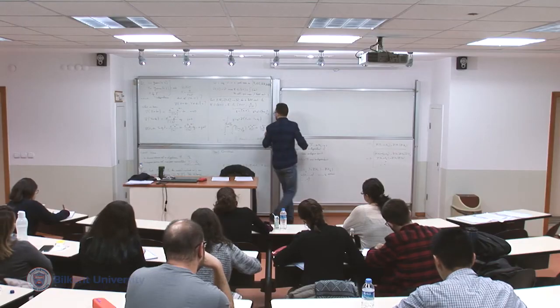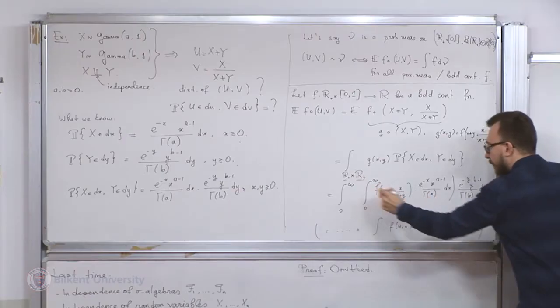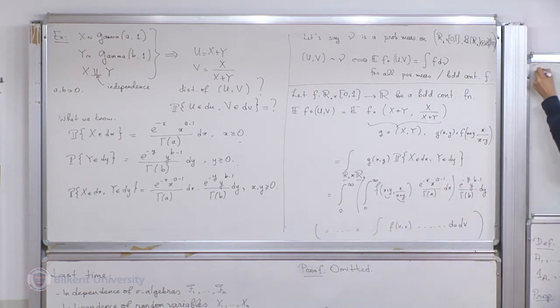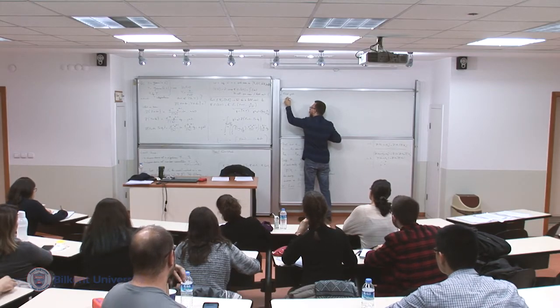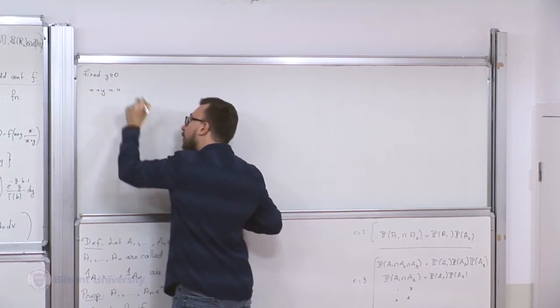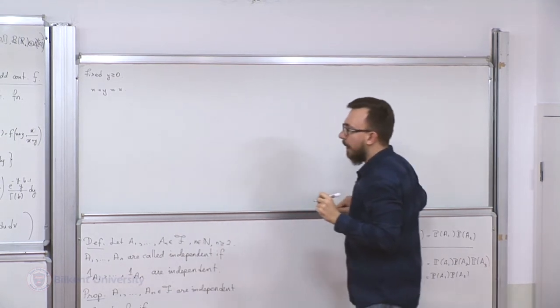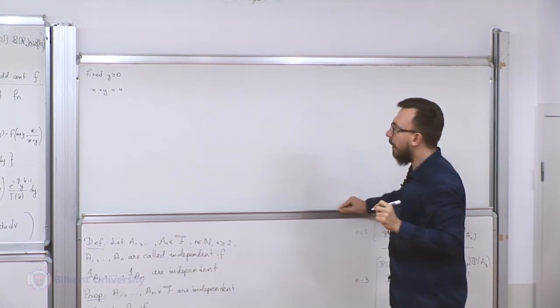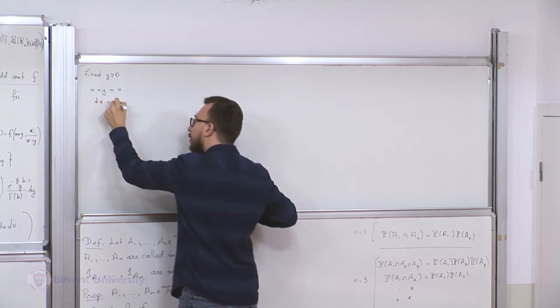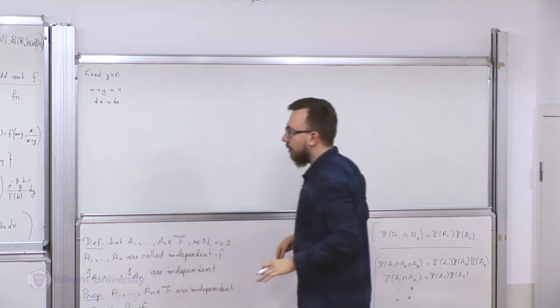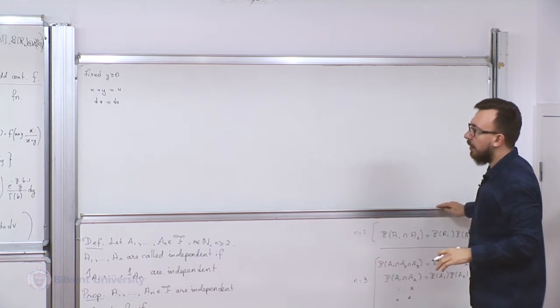Okay, so let's play with the inner integral first, okay? So we have a fixed y, and we let x plus y equal u. So this means dx equals du, right? Just usual calculus way of substitutions.